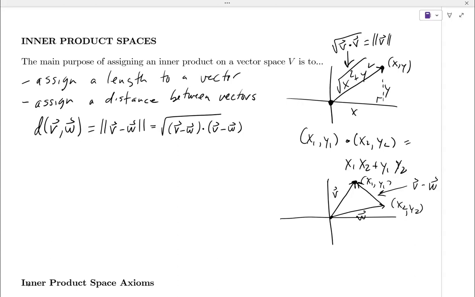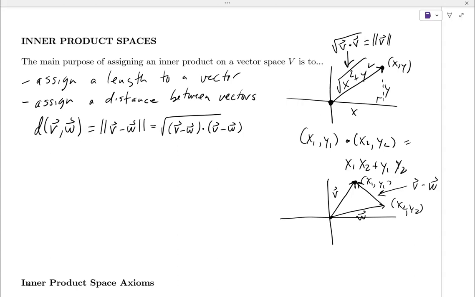By the way, you can check that it actually works in the Euclidean sense. v minus w would be x1 minus x2, y1 minus y2. So the length of that would be x1 minus x2 squared plus y1 minus y2 squared, and then take the square root of that, right? So you can check if that really does work. But notice again, I'm trying to write this in terms of a dot product or an inner product. Inner product is the same as dot product. It's a different word that we use.